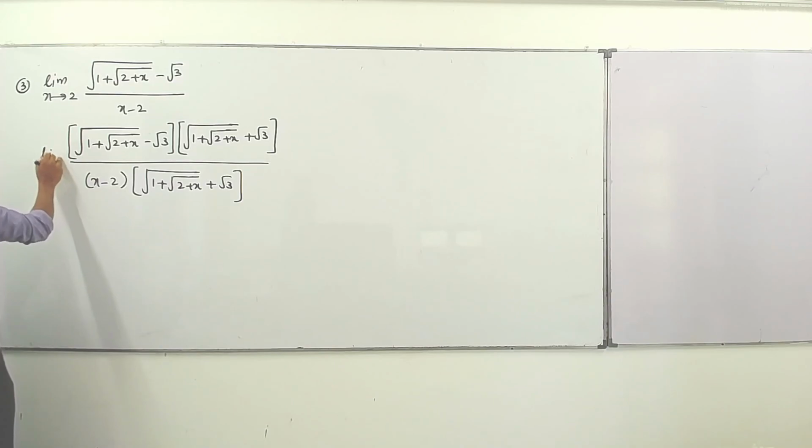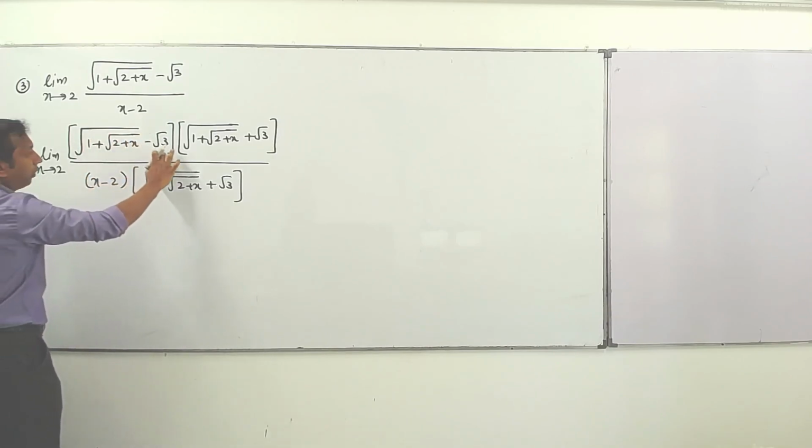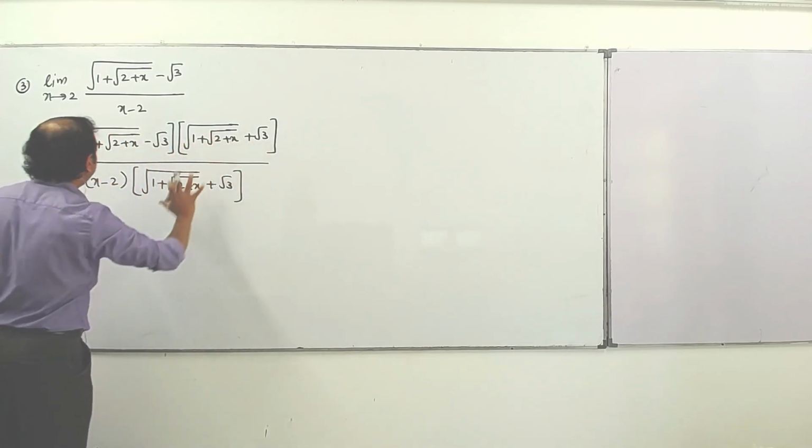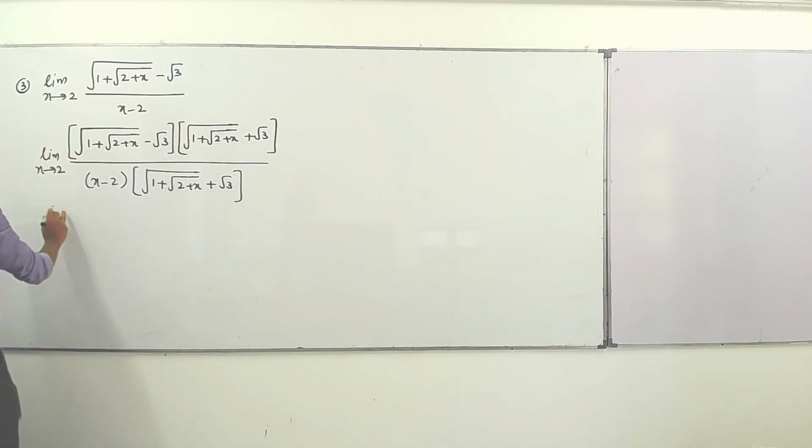Limit x going to 2. Here we can simplify. This is like a minus b into a plus b. Then square of this minus square of this is the answer. Then I am going to write that.